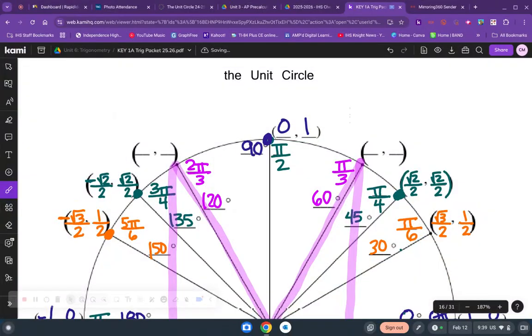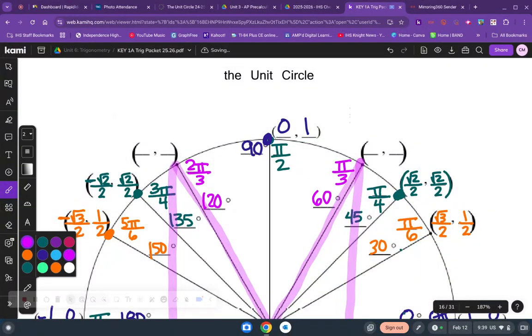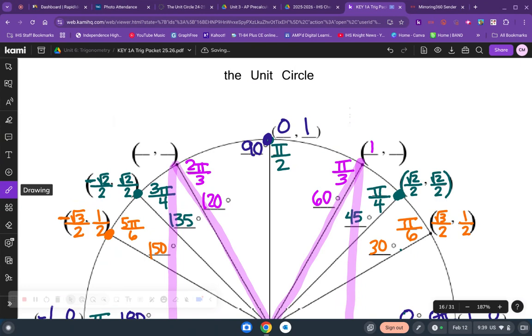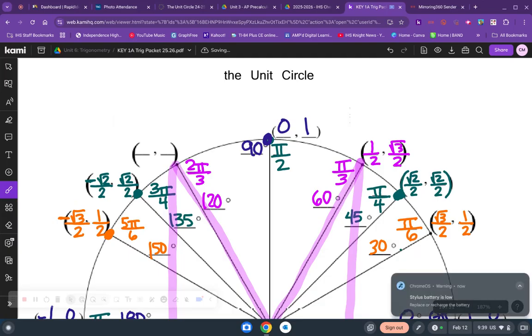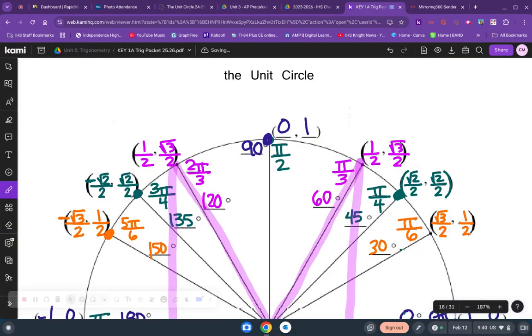So at 60 degrees or at pi over 3 radians, my coordinate is 1/2 and then root 3 over 2. So copy that over here at 2 pi over 3. We're going to have 1/2 and then root 3 over 2, and the x coordinate has to be negative.